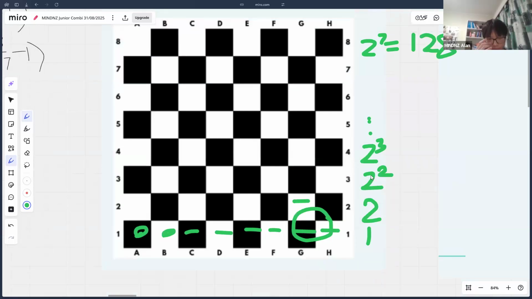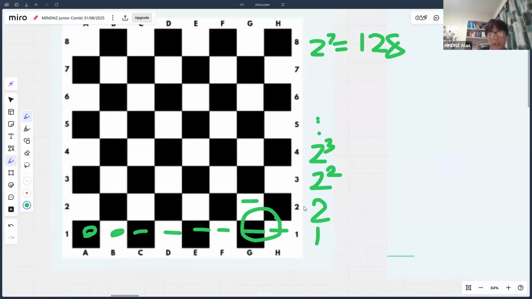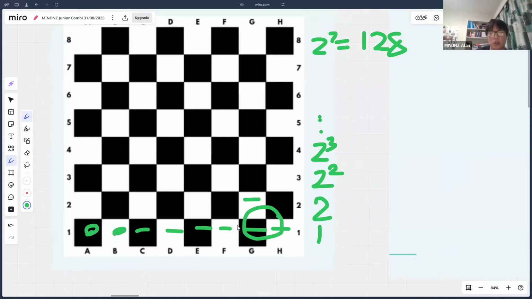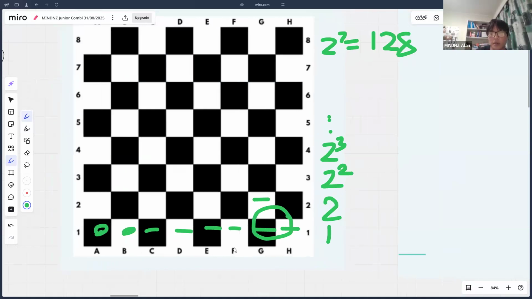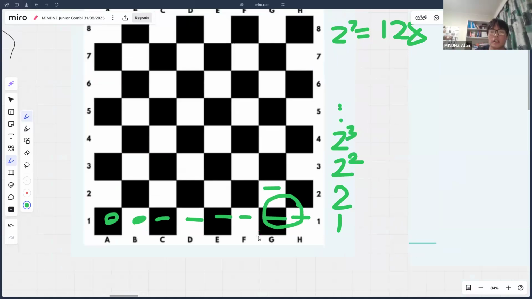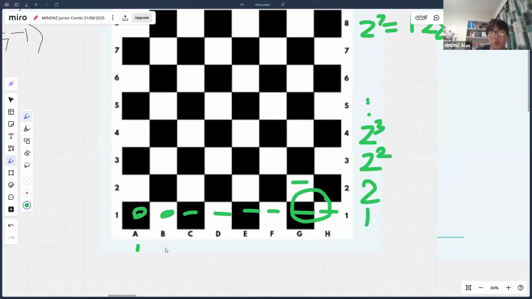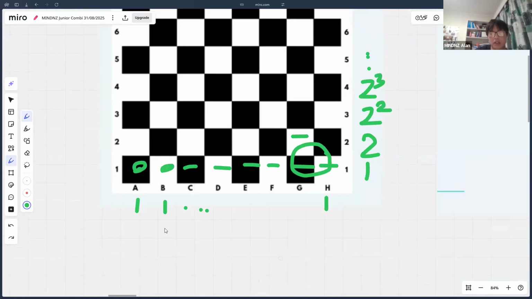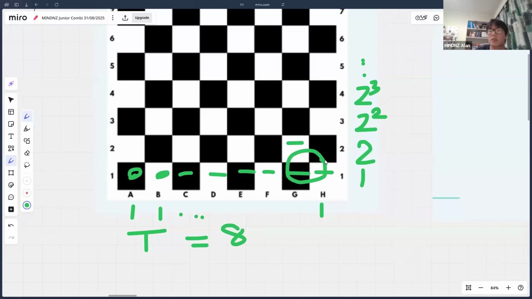So we know that the total of all of these weights will stay the same, right? Initially we have 1, 1, and so on, all ones. So the total initially is 8. And can this total change? No, because when we move to the next rank, we remove 2 and replace them by 1, which will preserve our total.